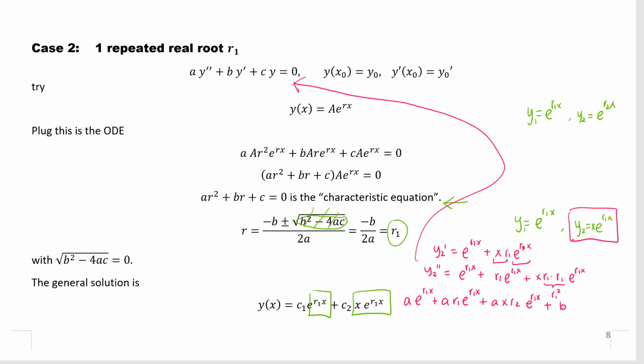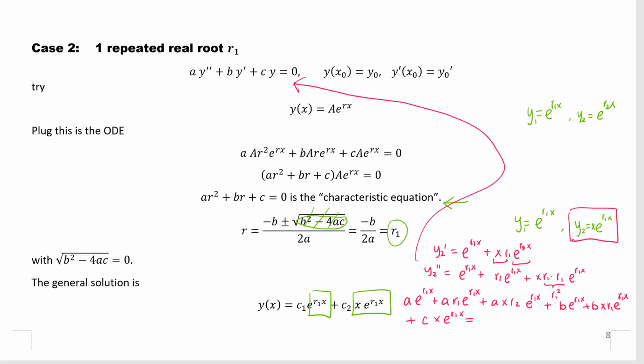So b times y prime is b times e to the r1x, and I also distribute it: plus b x r1 e to the r1x, plus c times y, so c times x e to the r1x. What is that?